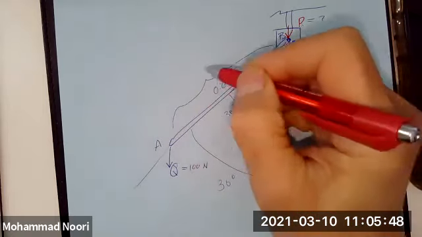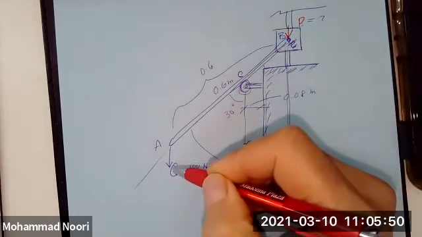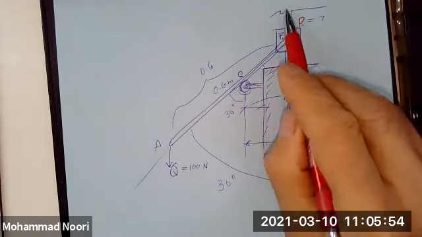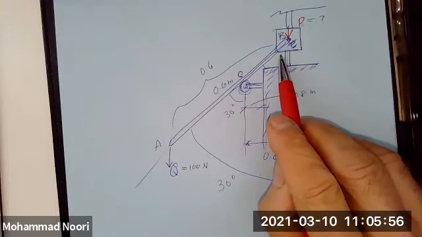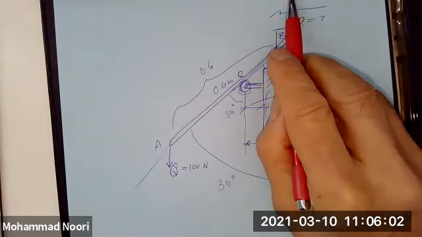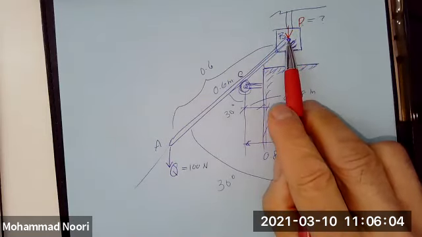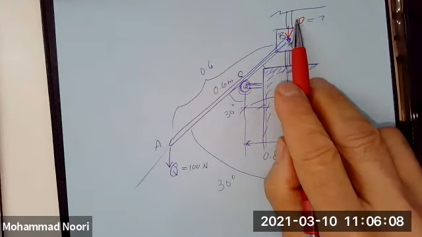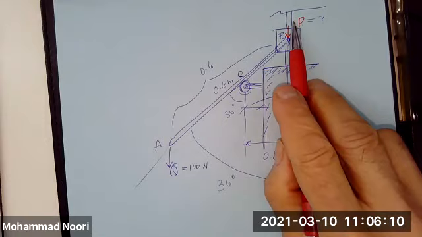So we don't know, of course, if you apply this load, if this is going to move up or down, okay? So we will assume first that it's going to go up. So we're applying the force downward. That means the force of friction would be upward. Okay?